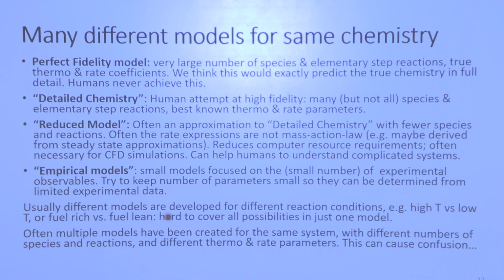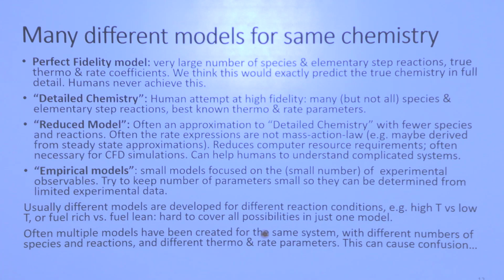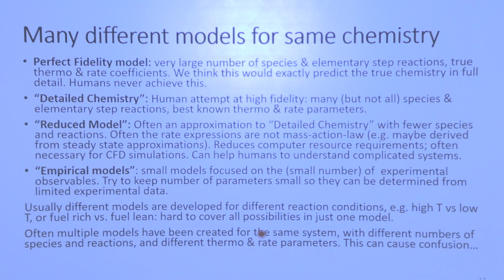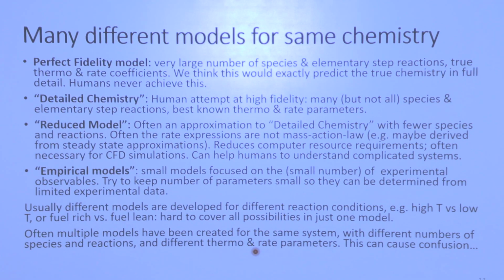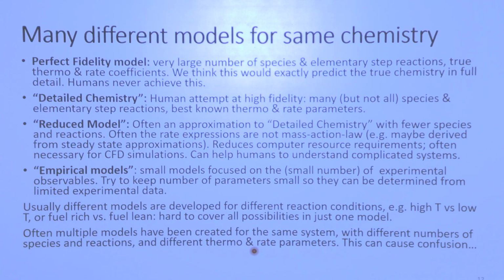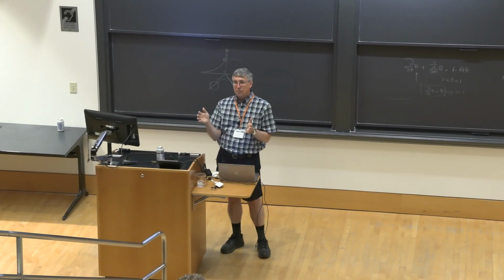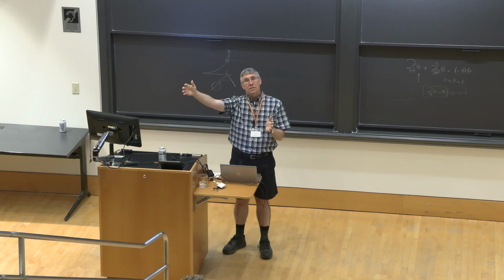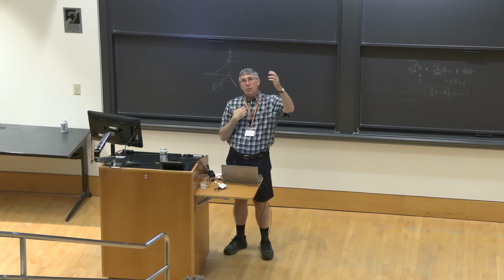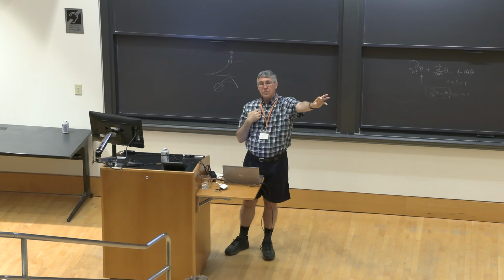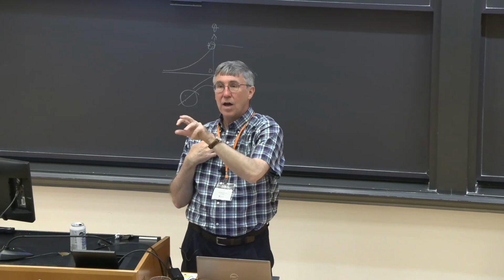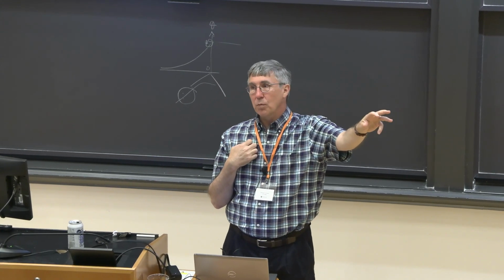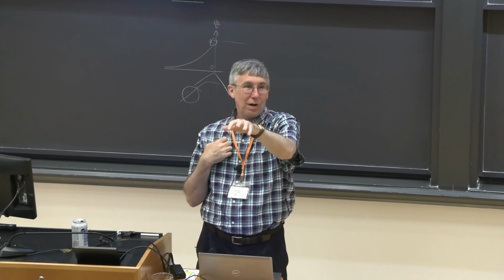And then usually we have different models for different reaction conditions because it's really difficult to make one model that can cover everything. And then there's this issue. I think it's a positive thing that we iteratively make the models better and better with time, but it can lead to a lot of confusion when somebody today cites a paper from 8 years ago and grabs reaction 427 out of that model and uses the parameters today, and maybe was not aware that since that time, it was found that the number was wrong, and there's another paper published with the correct value.